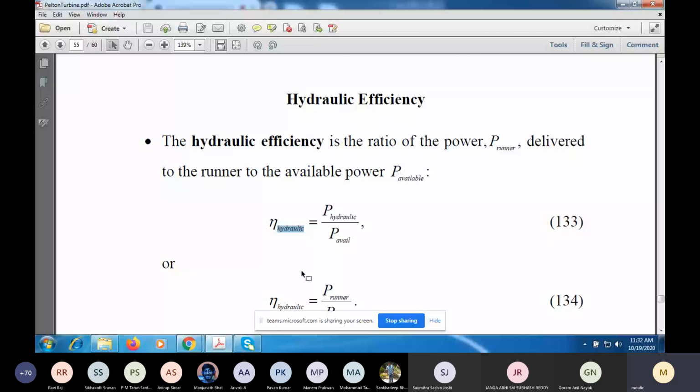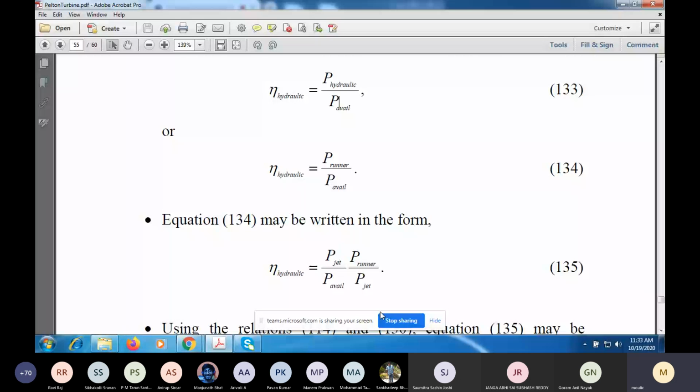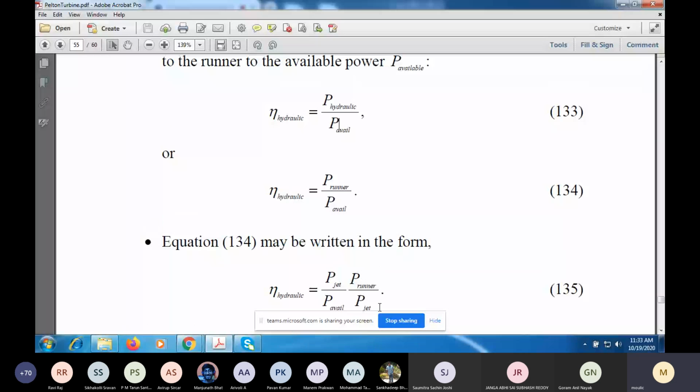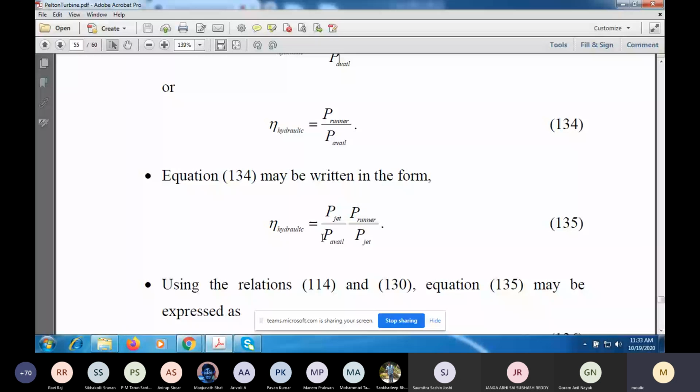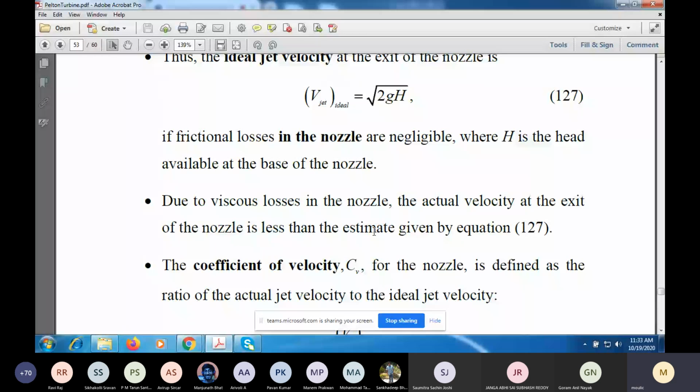So you can either call it the power developed by the runner divided by the available power. Now what you can do is multiply and divide by Pjet. Then you can write it in a form which will help you relate the hydraulic efficiency to the efficiency of the nozzle and the efficiency of conversion.